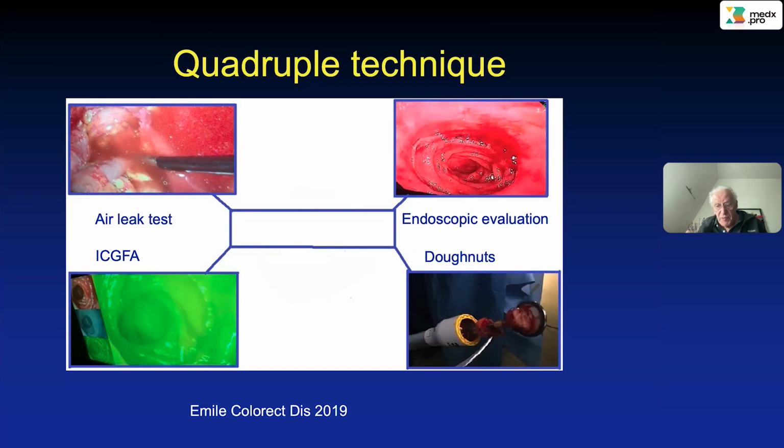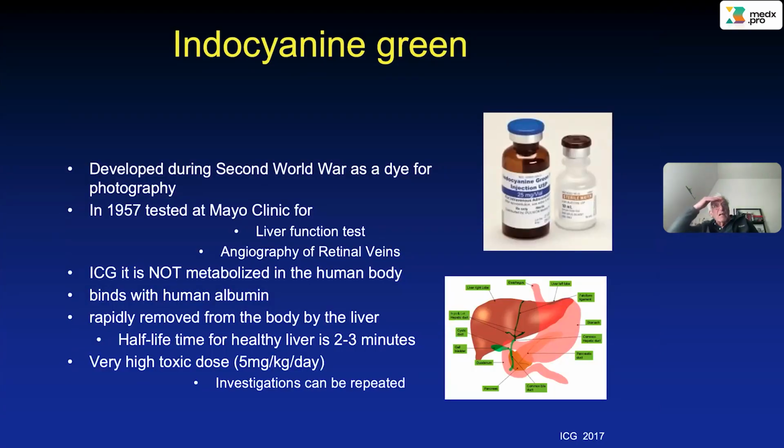Now, let me talk a little bit more about the ICG. I've talked about it. I want to go into a little bit more details of how it's done. Indocyanine green is a dye that was used for photography. And actually, more than 50 years ago, the Mayo Clinic used it to perform angiography for the retinal veins of the eye.